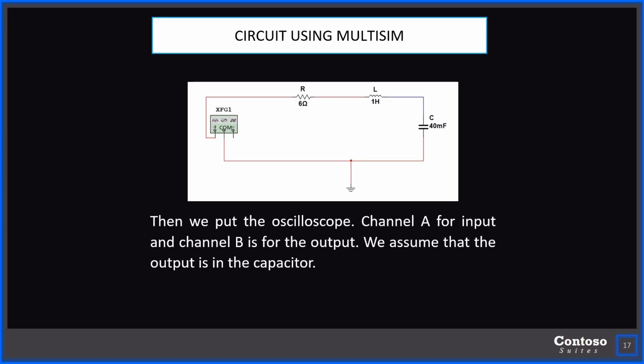An oscilloscope is used to determine the waveforms of the circuit. In an oscilloscope, we can use two channels. Channel A, we plugged in to know the input of the circuit, and channel B, we plugged in to know the output waveform of the circuit. We assume that the output is in the capacitor, so we plugged in there for the output waveforms.